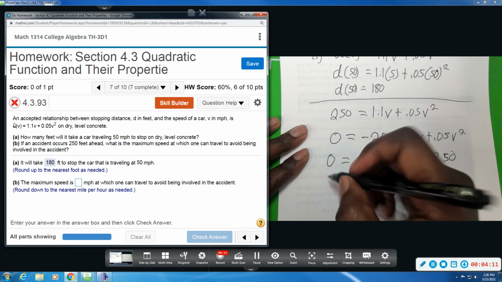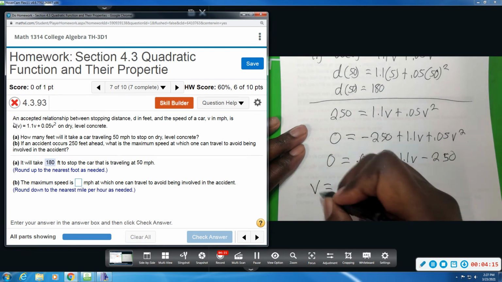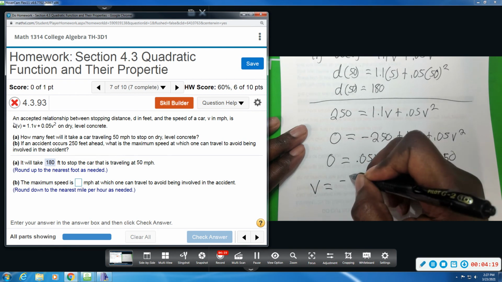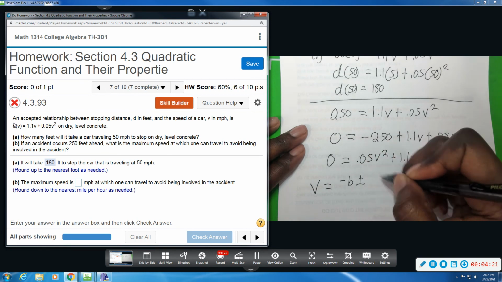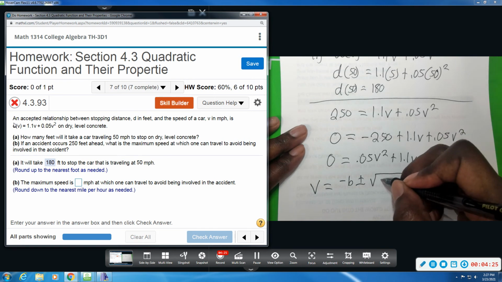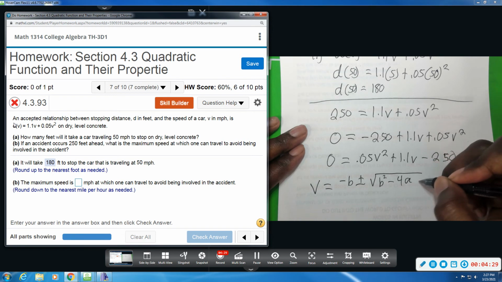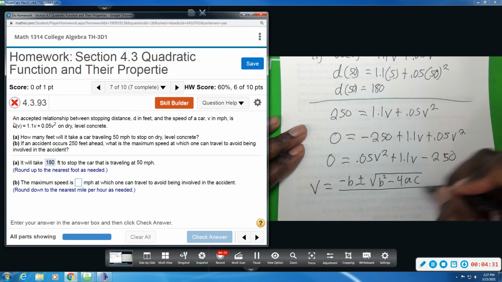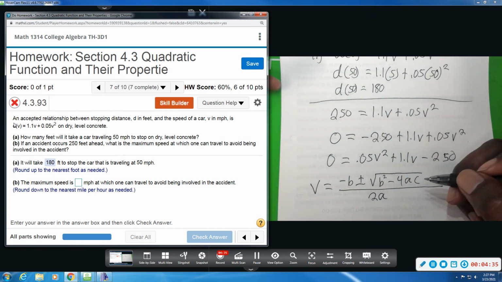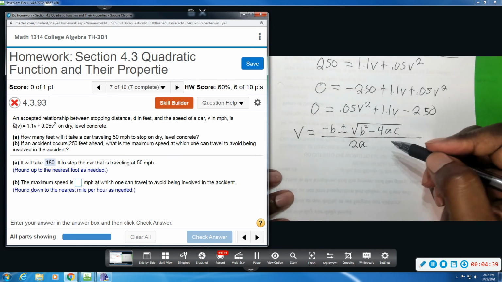Alright, so we're going to use the quadratic formula. Since I'm not dealing with X, I'm dealing with V, I'm going to say V equals negative B plus or minus the square root of B squared minus 4AC, all divided by 2 times A. I'm going to write this down, but I'm going to use the calculator to solve it.